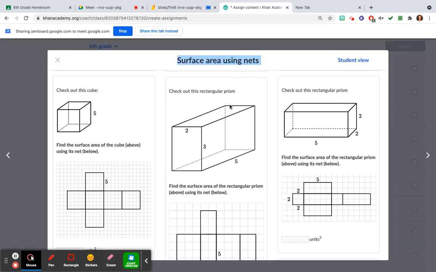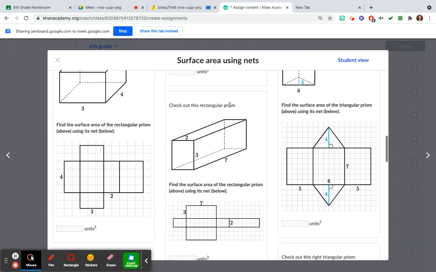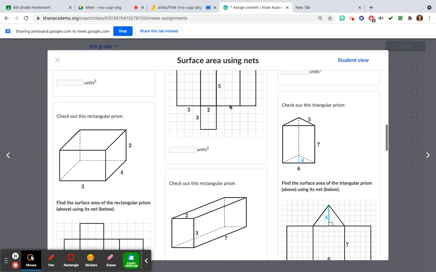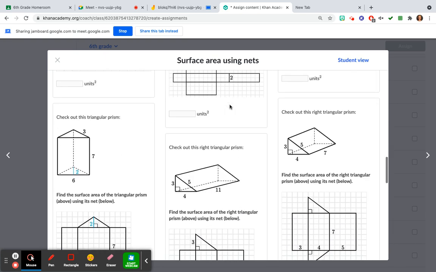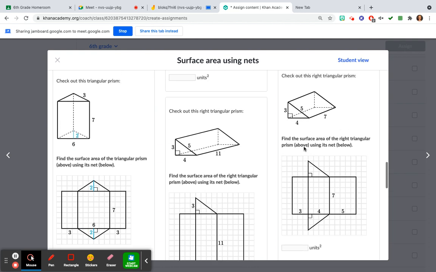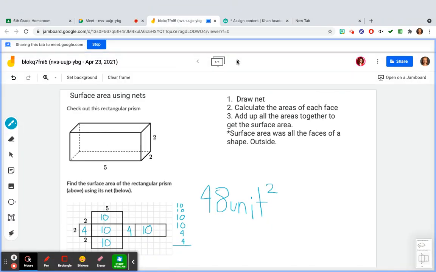Surface area using nets. Do you guys want to try one of these prisms or one of these triangular prisms? Oh, how about this one here? This one has all sorts of different areas, or all sorts of different lengths. Let's do another one of those on the Jamboard.